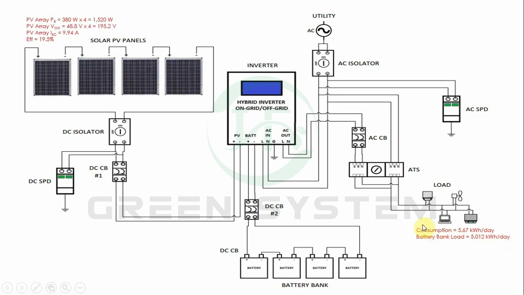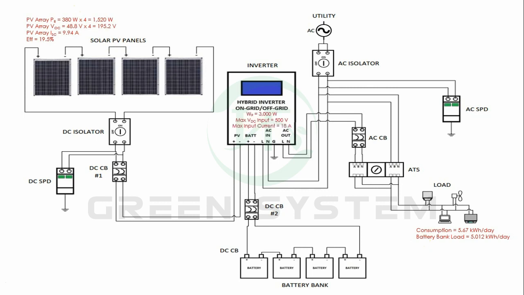In step 2, we have determined that for a daily consumption of 5.67 kilowatt hours, we need 4 pieces of this 380 watts solar panel, rated at 380 watts.